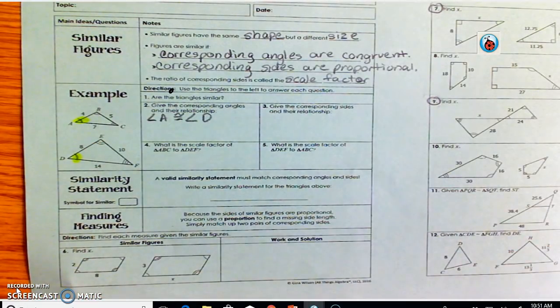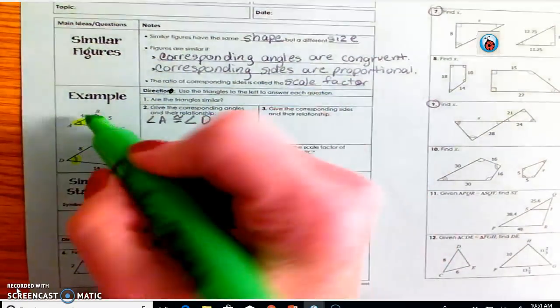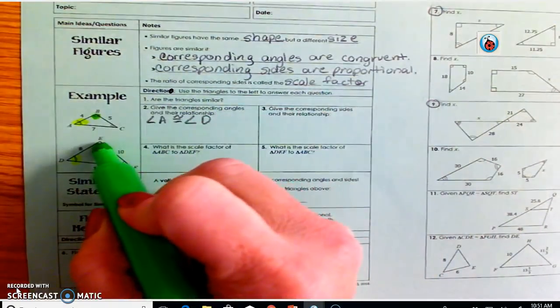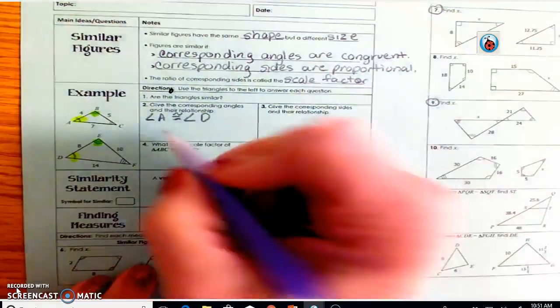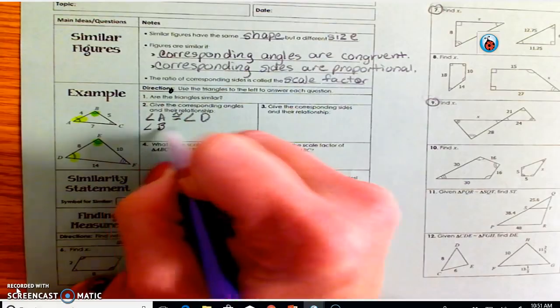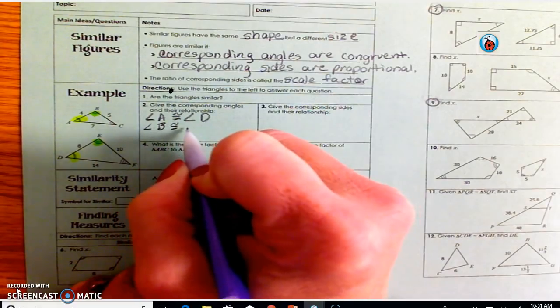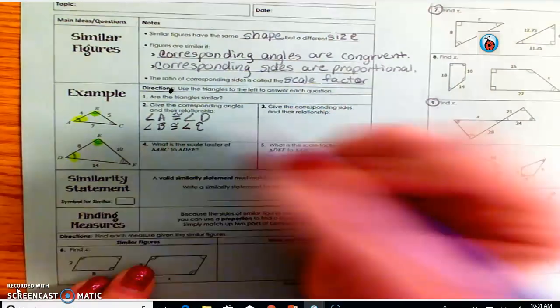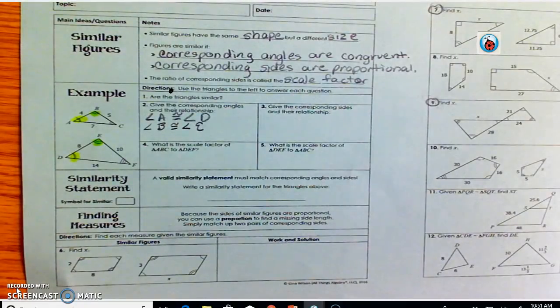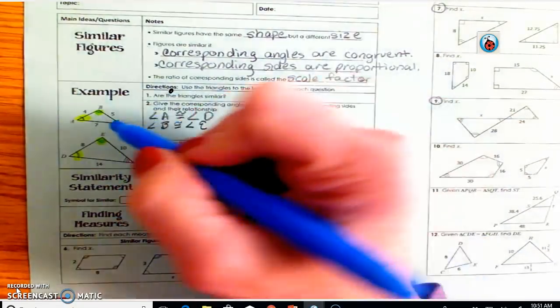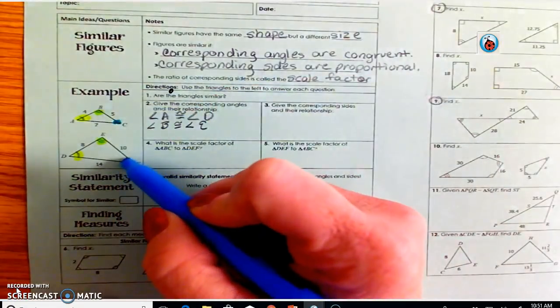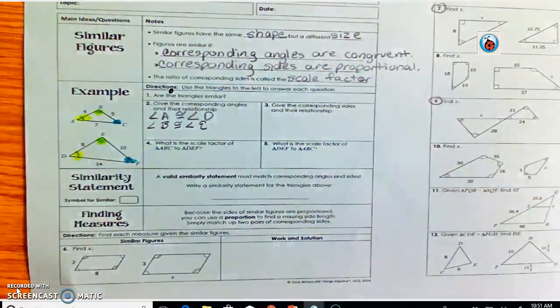And again, from those one arcs, we know that they are congruent. Now let's look at angle B, and you can see it has two arcs through it, just like angle E. So we know that angle B is congruent to angle E. And then finally, look at angle C. It has three arcs through it, and so does angle F. So those are congruent.